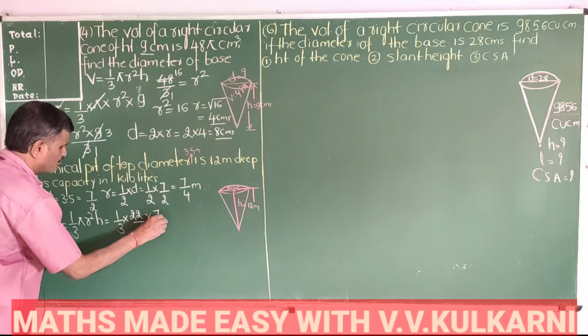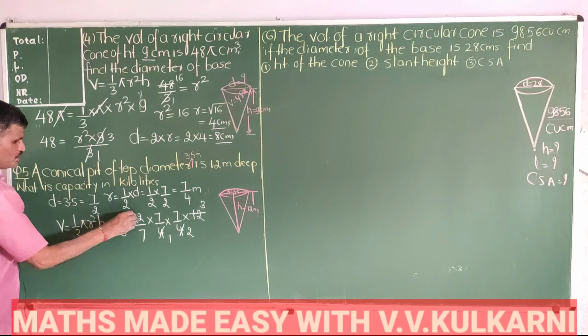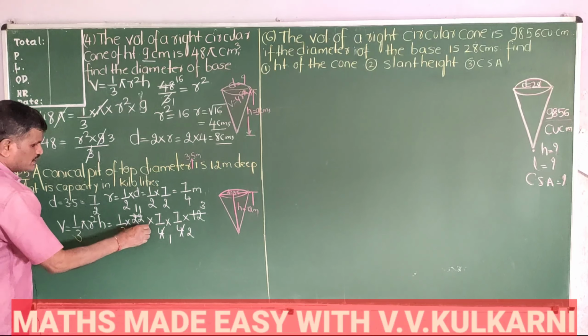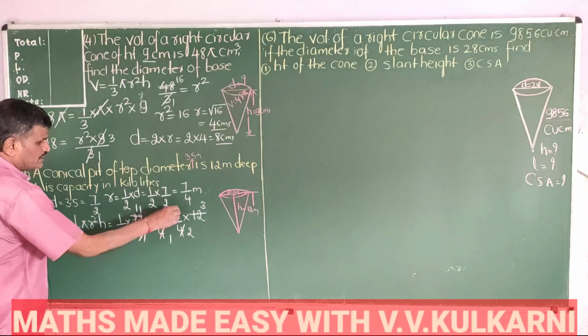Now wherever possible you just try to cancel it. See here, 4 threes are 12, I can cancel. Again here 2 twos are 4, 2 elevens are 22, 7 ones are 7, 7 sevens cancel. Now any other possibility of cancellation, you can cancel it, otherwise you multiply.